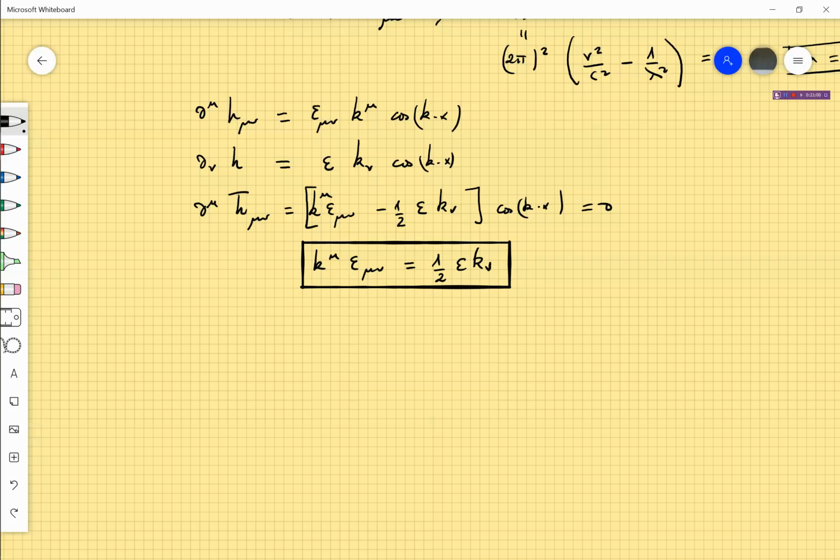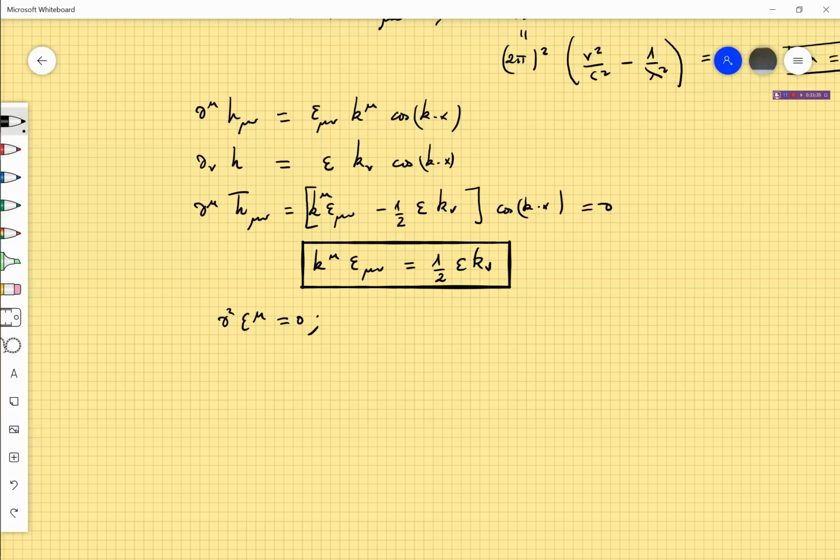We are still free to perform another 4 independent gauge transformations with parameters satisfying the wave equation, in fact. We are going to show that you can use this remaining or residual gauge freedom to set some components to 0, which are conventionally chosen.